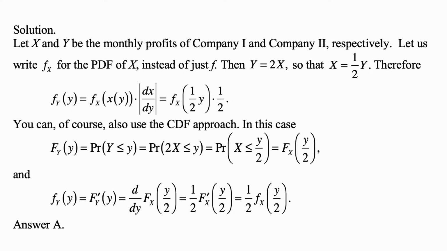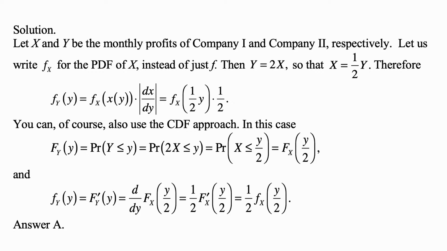So it's f sub x evaluated at 1/2 y times, what's the derivative of x with respect to y? It's 1/2. So this is what we're looking for. It's going to be 1/2 times f sub x of 1/2 y.